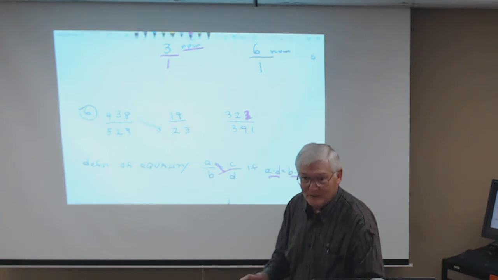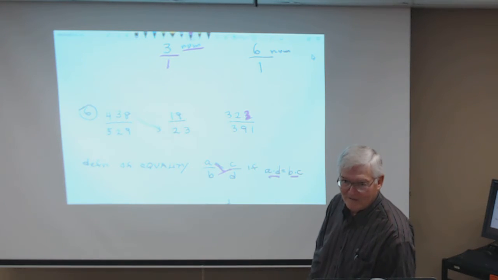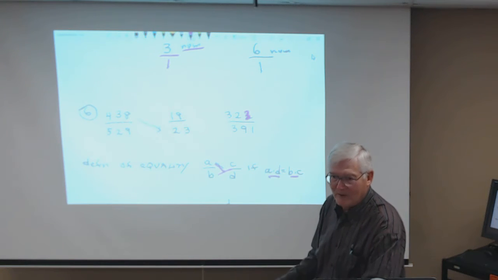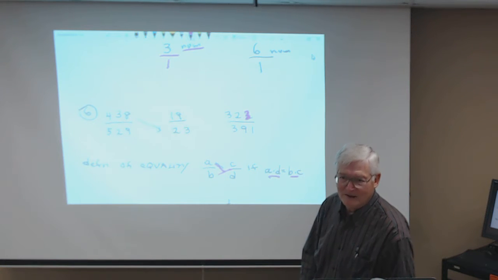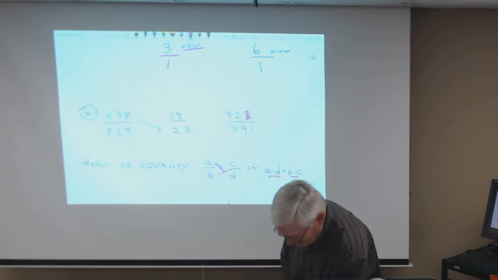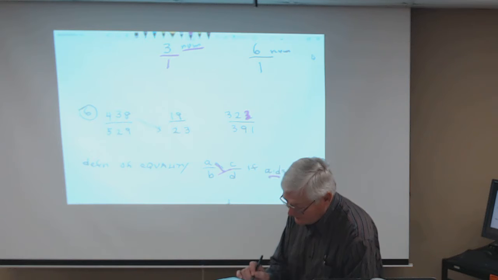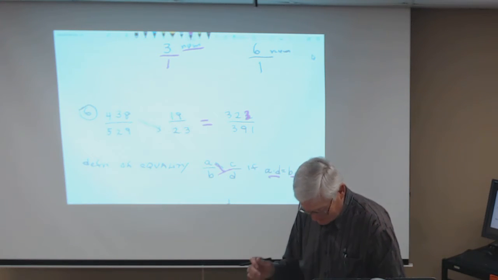It used to be, when I was younger, I did stuff like this on purpose, so you would realize how you can make a mistake by copying the problem down wrong. But now that I'm older, I don't have to do it on purpose anymore. I make enough mistakes that they just pop up and show you that you have to be careful with this stuff. So that means these two are equal. You follow the process? Good.